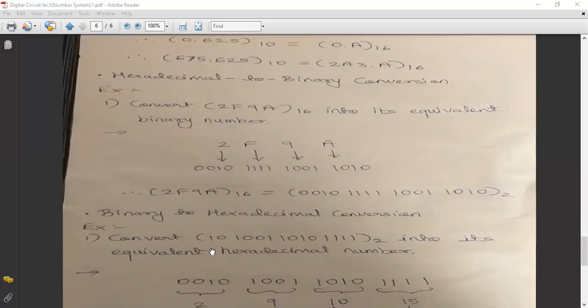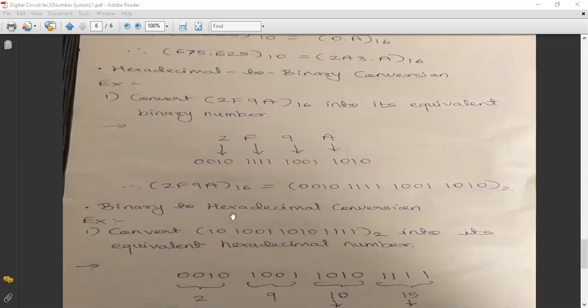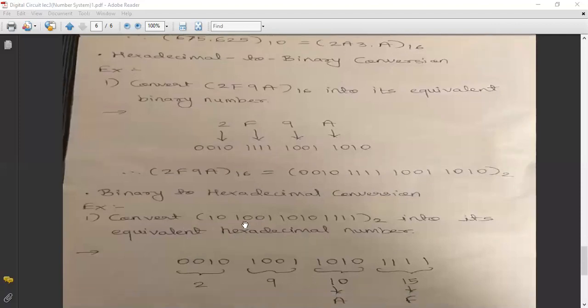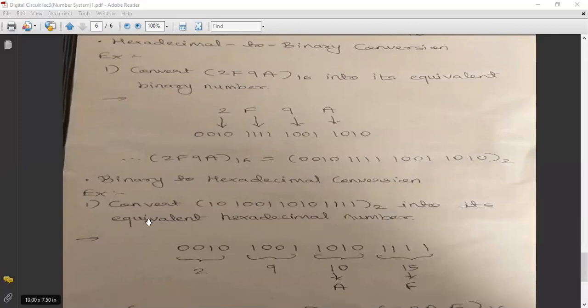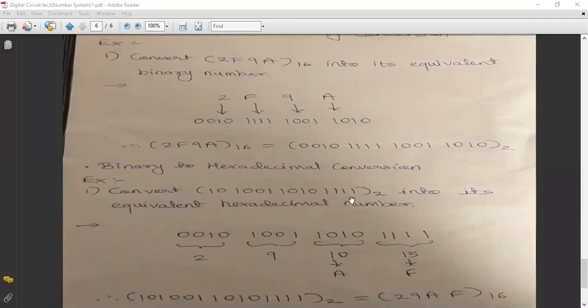Now we have to convert a binary number into its hexadecimal form. The number is 101 0011 1010 1111 to the base 2, into its equivalent hexadecimal number. We are going to start with the LSB, right? So start grouping the number into 4, and the remaining zeros are added here.